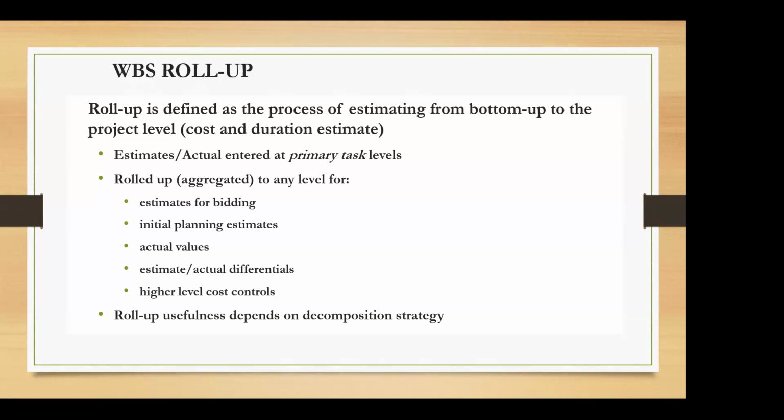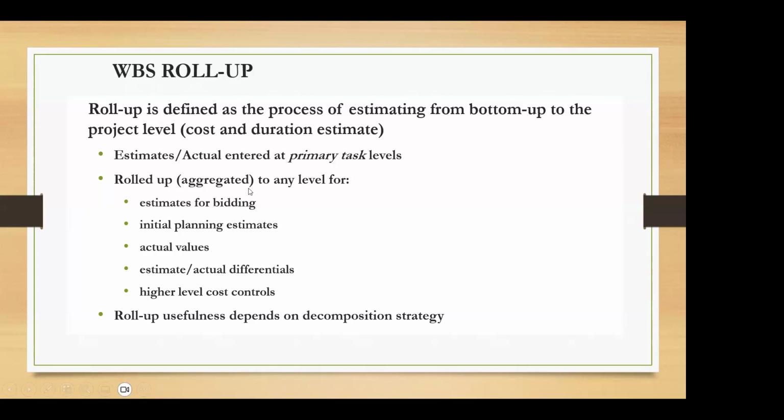We start at the lowest level in the WBS, come up with the estimates, and then calculate them upwards so that you can calculate the total cost or duration of the entire project. Rolling up is aggregating the cost and duration for every level up to the top.